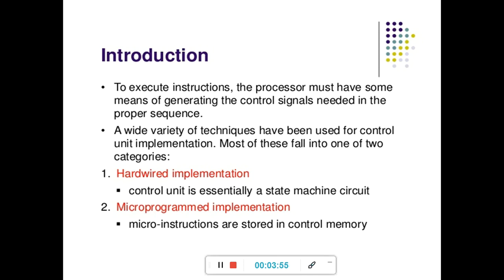It takes several microinstructions to carry out one CISC machine instruction. Another name for microinstructions is microcode; we can store instructions in a microcode. These are the considerations of microprogrammed implementation.